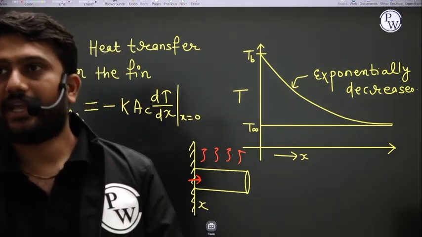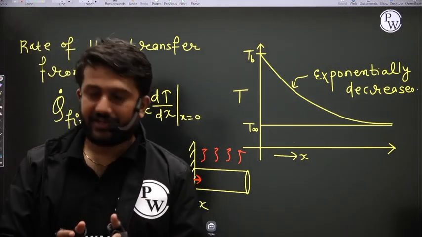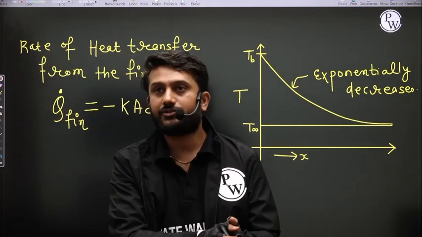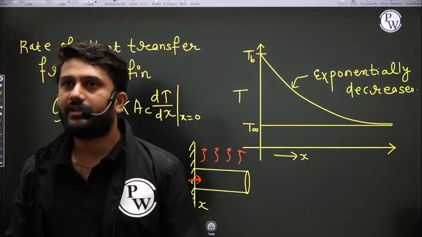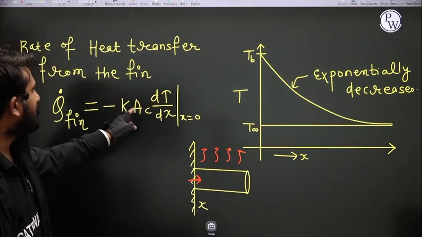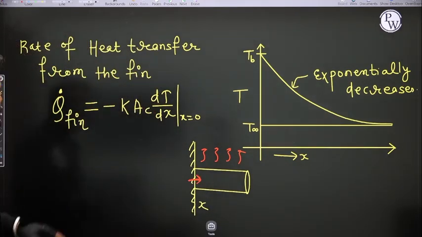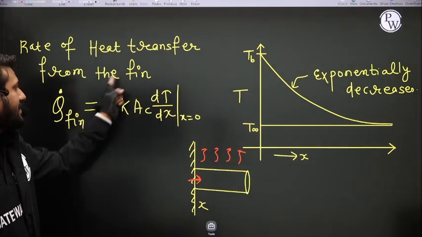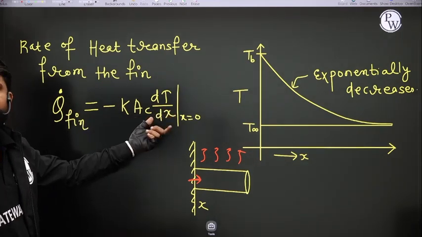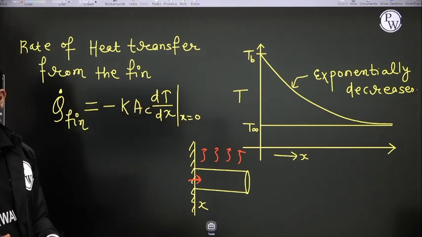So whatever the conduction heat transfer that occurs at x is equal to 0 is the same as the rate of heat transfer through the fin. We can find this mathematical expression by Fourier law of heat conduction.